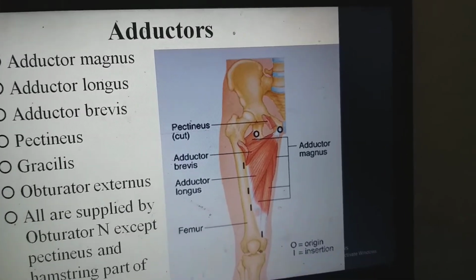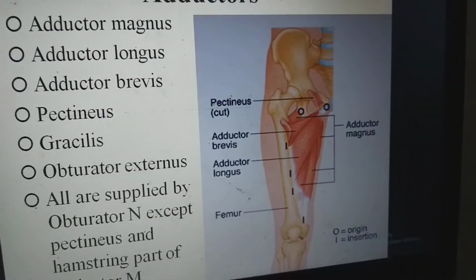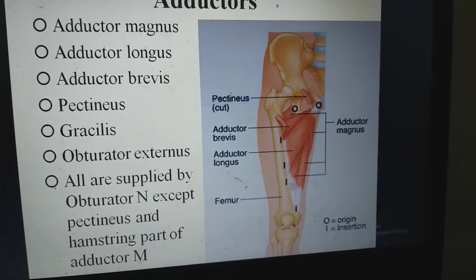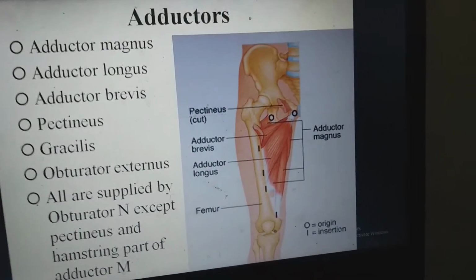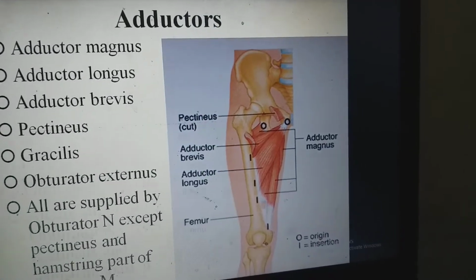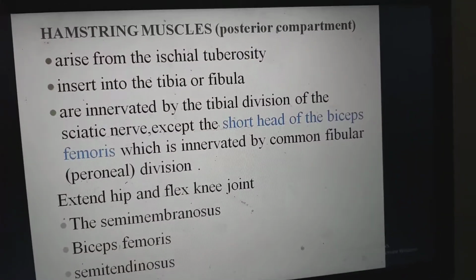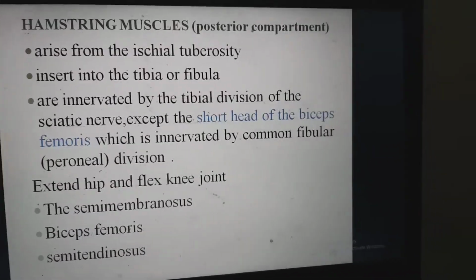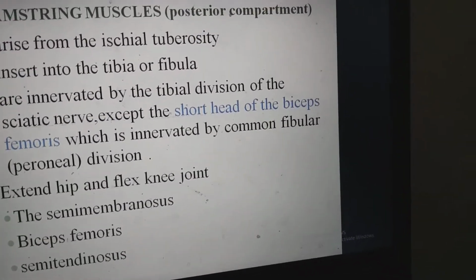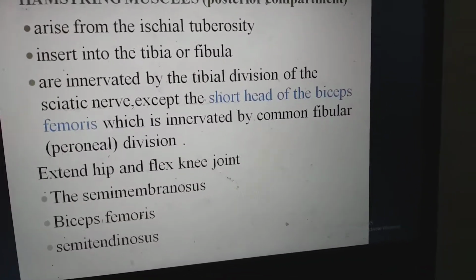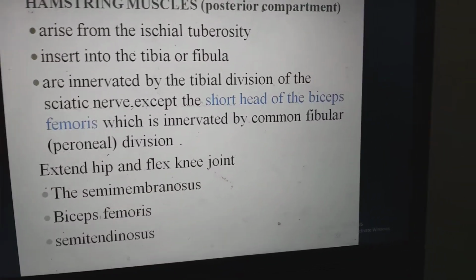These are innervated by a special nerve, what we call the obturator nerve, but the anterior compartment by the femoral nerve. Anterior compartment, femoral nerve. Hamstring muscles, posterior ones, knee flexors, are innervated by a special nerve, the sciatic nerve. The sciatic nerve is the largest, the thickest, and the longest nerve in the body.